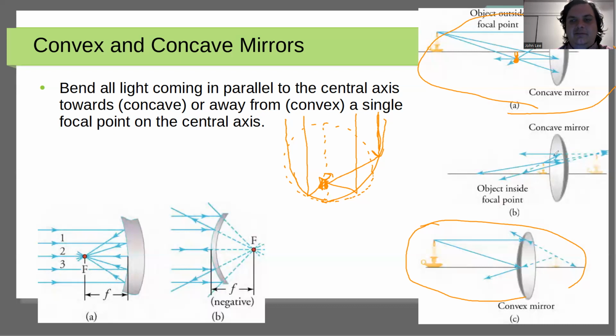It's all reflected off. So that's what's called a virtual image. And that is going to give you a virtual image that's bigger than the initial object. And then the convex mirror is always going to give you a virtual image that is smaller than the object.